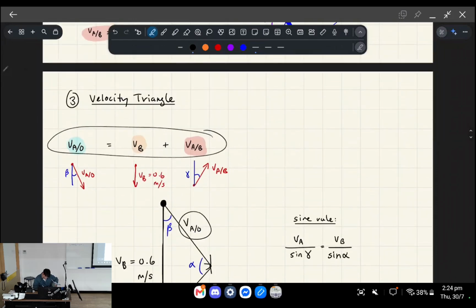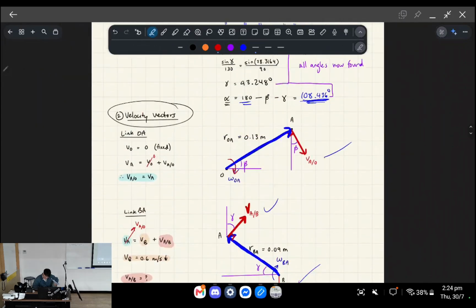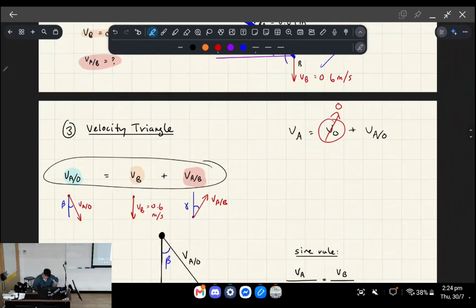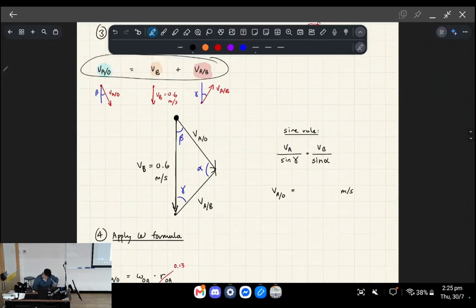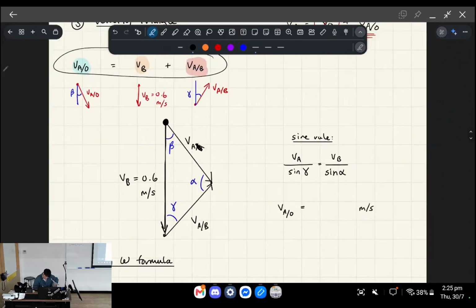You'll see here that it says VA relative to O, but you have to remember that VA is equal to VO plus VA relative to O. And when VO is 0, because O is the fixed point over here, then these two things are equal. So I take this a bit too liberally. Let's just say that's VA for now.